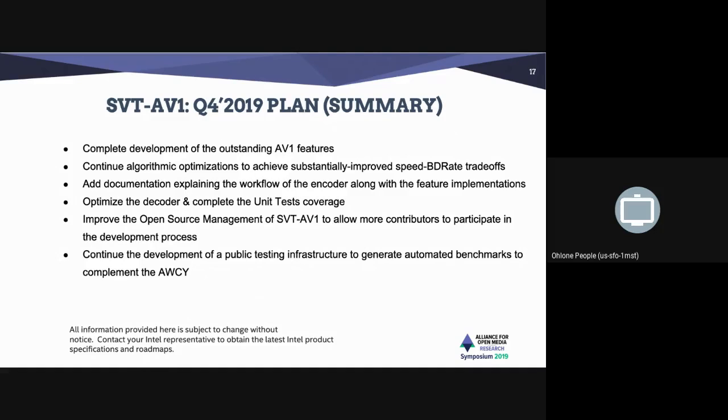We are also going to optimize the decoder and complete the unit test coverage, and improve the open source management of SVT-AV1 to allow more contributors to participate in the development process. Also, we're going to continue the development of the public testing infrastructure to generate benchmarks to complement the RD compressed state.